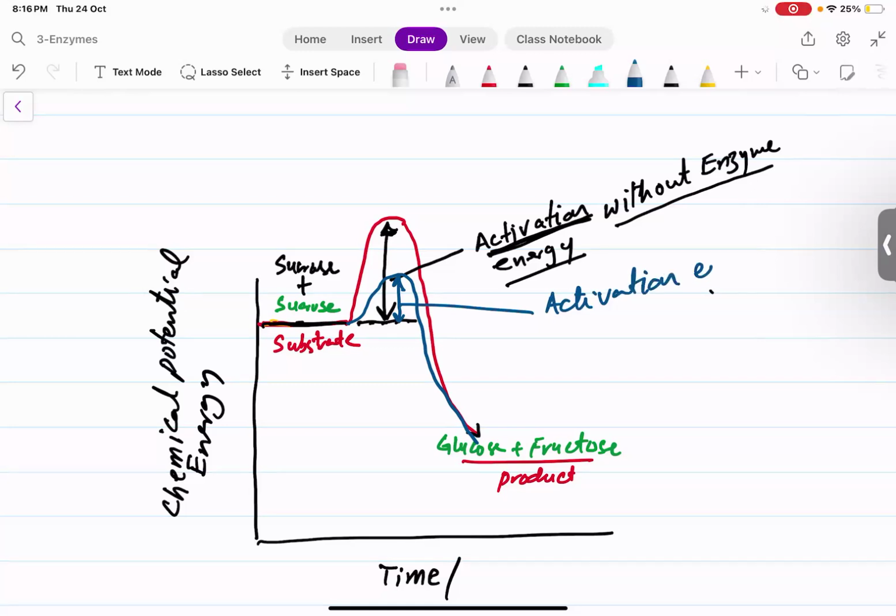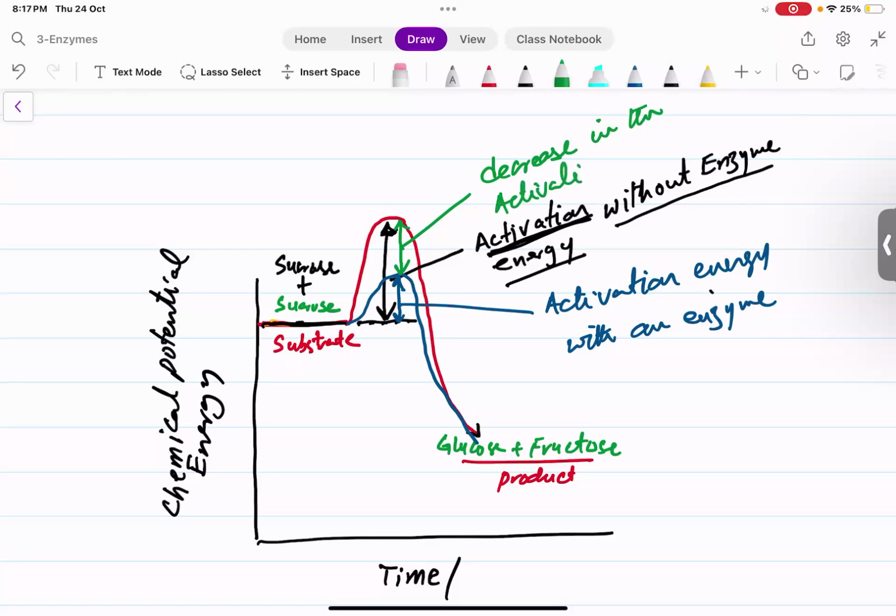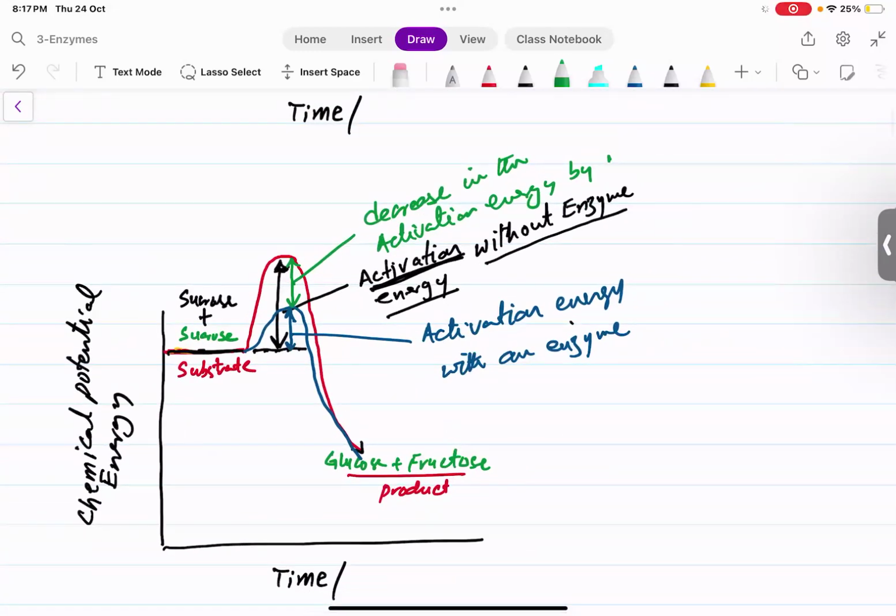Activation energy with an enzyme. This difference in the graph, from this point to this point, shows the decrease in the activation energy by the use of enzymes.